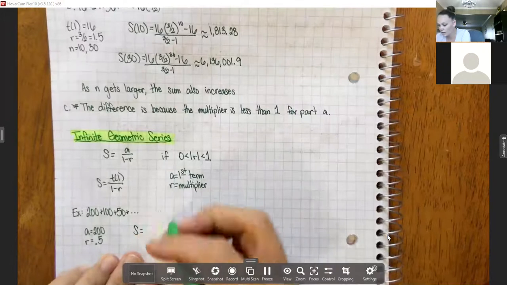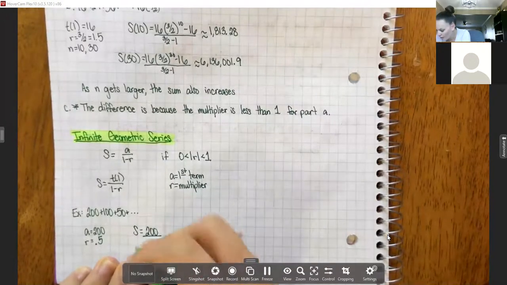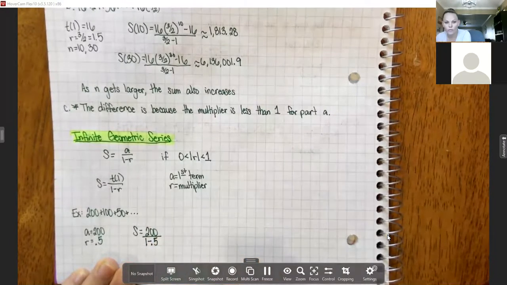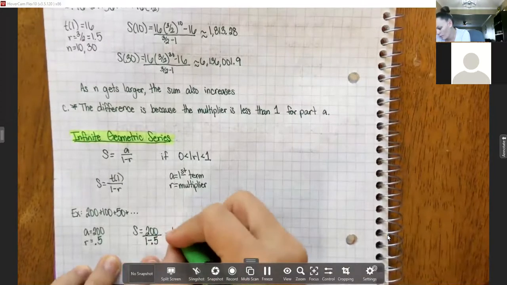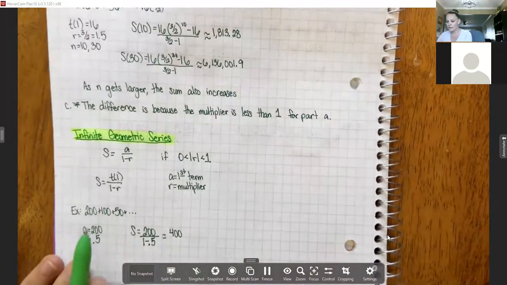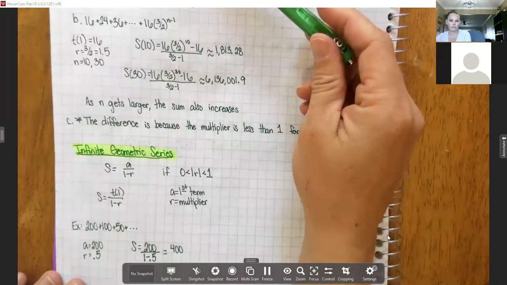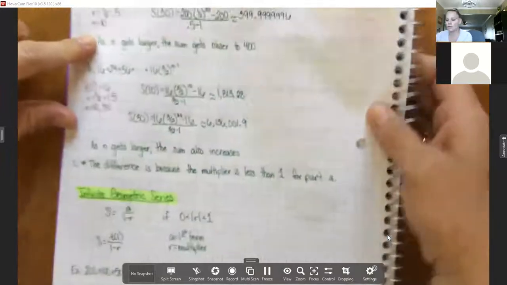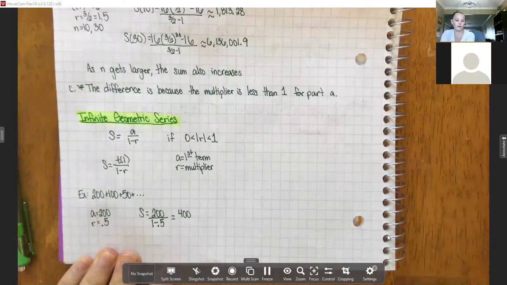So our sum is 200 divided by 1 minus 0.5, which gives us 400. And if you notice, this is the same series from part A on 114. So here I said it was getting closer to 400, and so that series has a sum of 400.